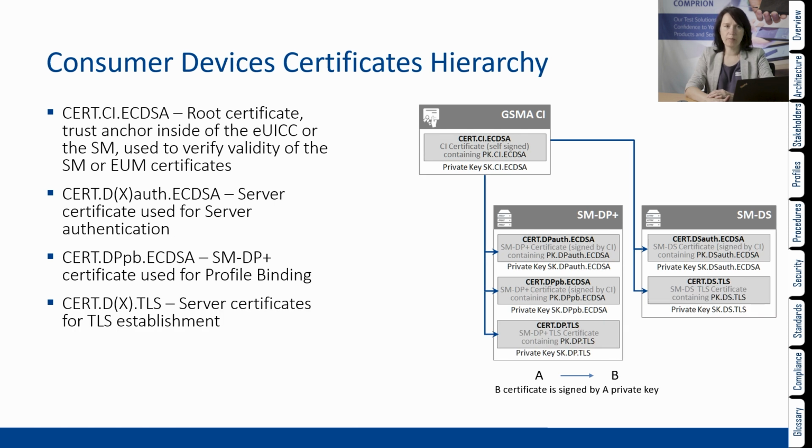Additionally, the SM-DP+ and the SM-DS will have the TLS certificates. You remember there is this HTTPS channel established, and for this you will need the server certificates. There are no device certificates, so there will be only one side of the authentication inside of the TLS for this.